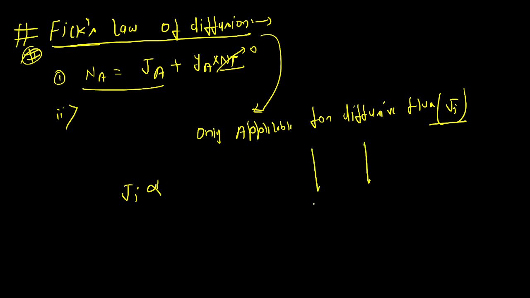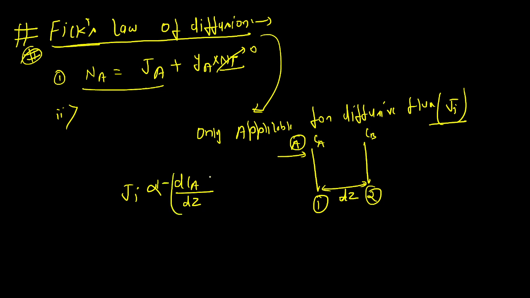So if this is our point 1 and this is point 2, and component A is diffusing, with concentrations Ca and Cb, and the distance I am assuming is dz, then Ji is directly proportional to dCA upon dz, with a negative sign. Why? Because here the concentration will be more and here it will be less.